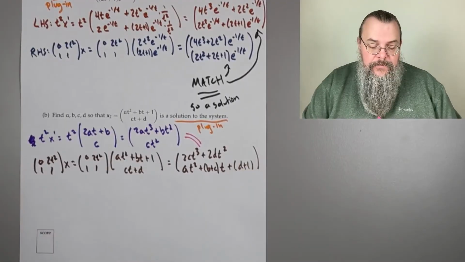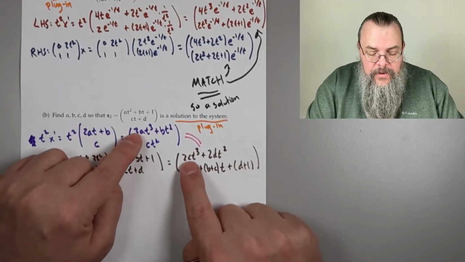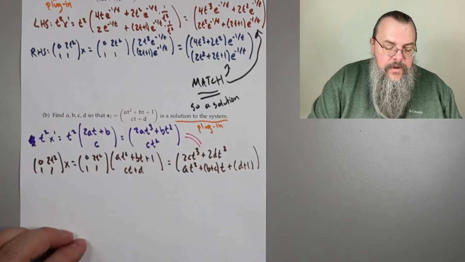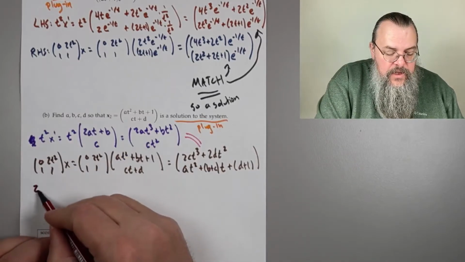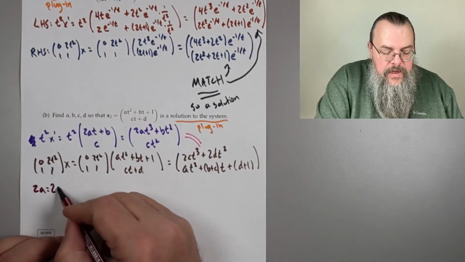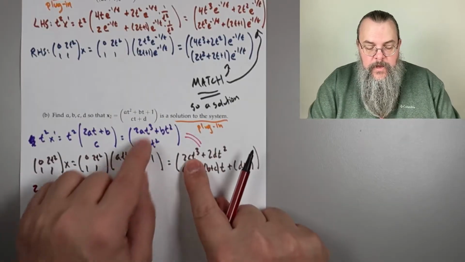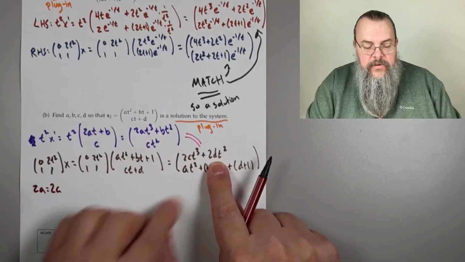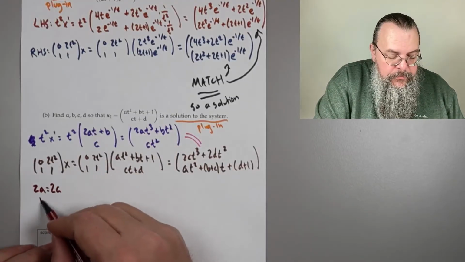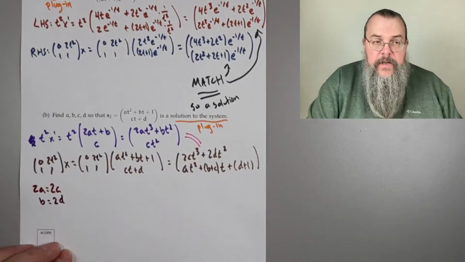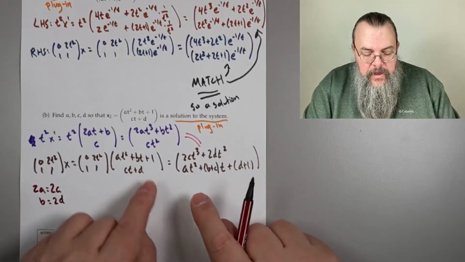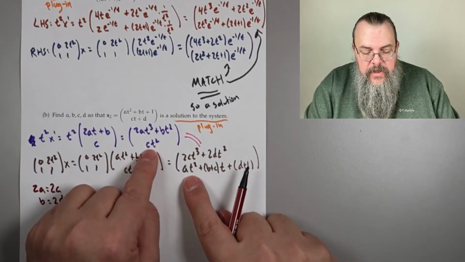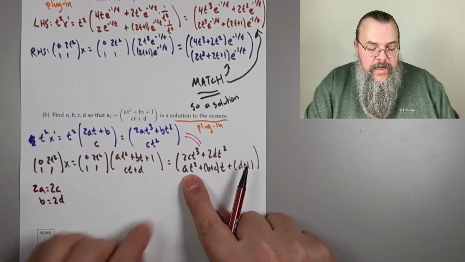What do we need? Well, we compare the coefficient for t cubed. We say, okay, we need that 2 times a equals 2 times c. Come over here and we see that b has to equal 2 times d. All right, what else? Here we see c times t squared has to equal a times t squared.